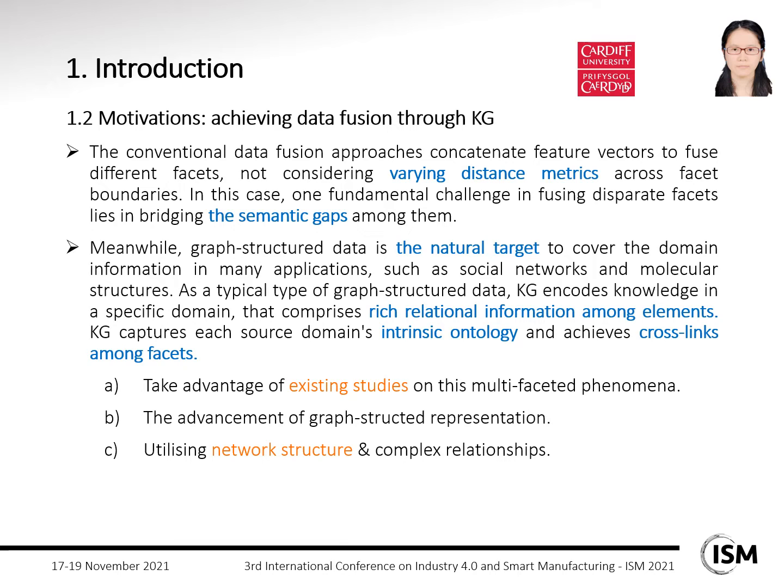Knowledge graph captures each source domain's intrinsic ontology and achieves cross-links among facets. For this work, given the situation and also the advance of the graph structured representation, we are considering using network structure and complex relationships to facilitate the utilization of the multi-sourced data.